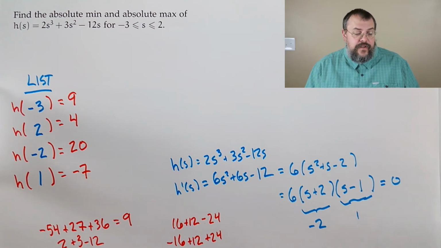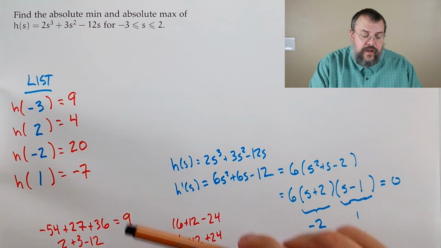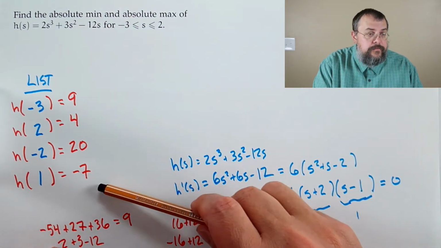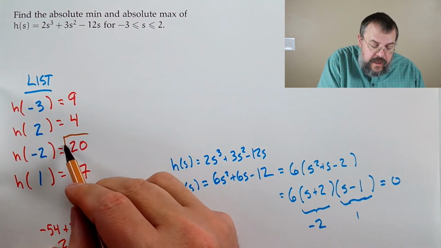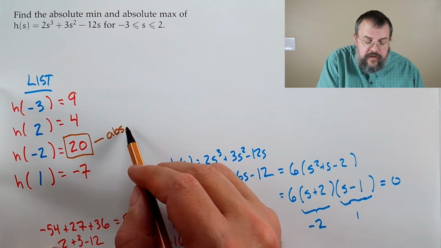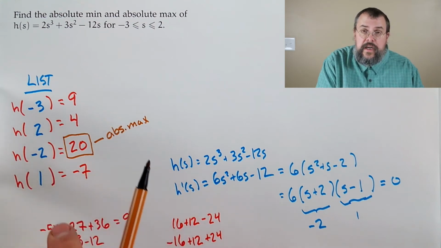The last thing for us to do is to now scan our list and say, okay, what's the largest number that we got out? Well, it would appear that the largest number we got out was 20. And therefore, 20 is our absolute max. And if we were after where the absolute max occurred, it would occur at negative 2.